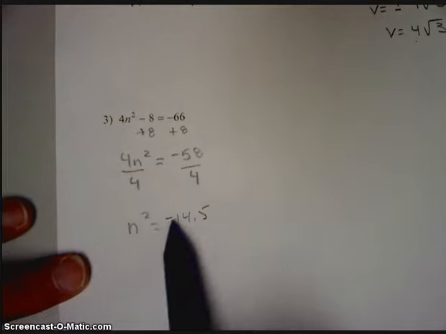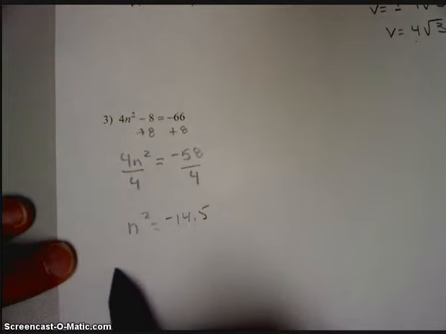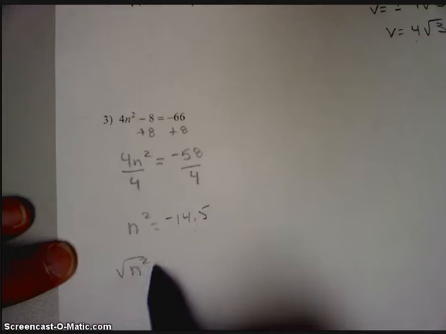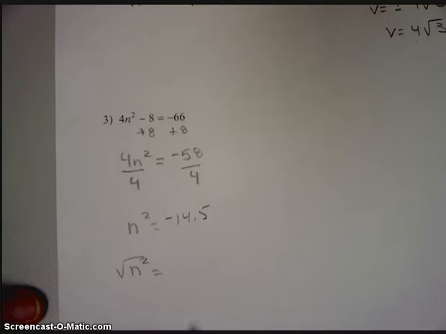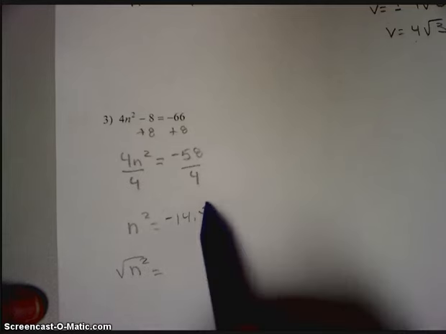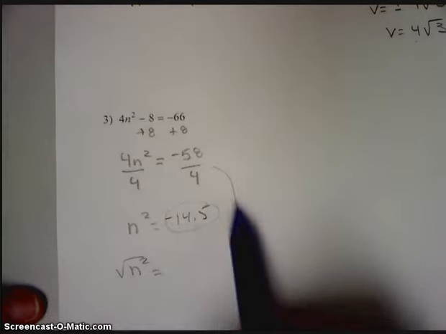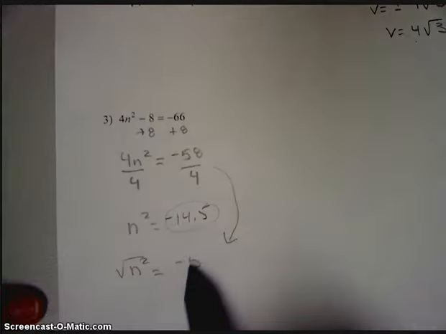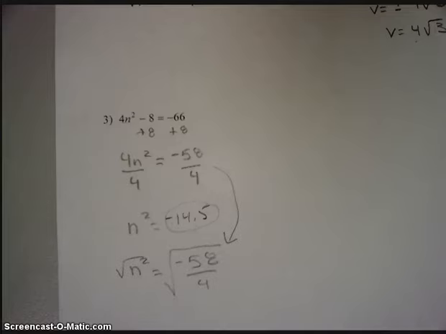decimal. But the big thing here is that when we get a negative like that, I would revert, instead of dividing it out, back down to the fraction and take the square root this way.